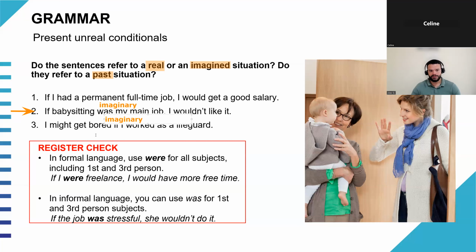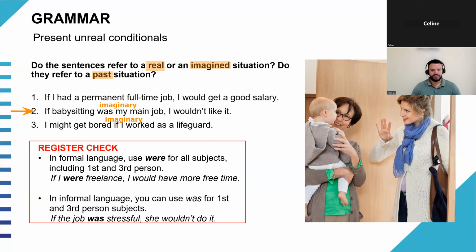Imaginary. And then the last one is going to be different. Celine, the last one is going to be different because now we use might. So maybe here, this one might be a little bit different. It says, I might get bored if I worked as a lifeguard. Actually, it's the same. It's also going to be imaginary. Okay.